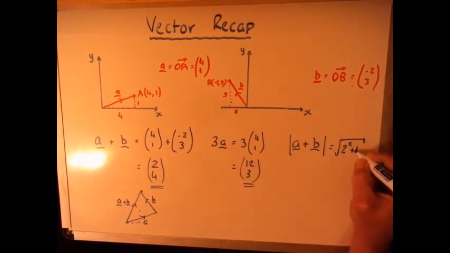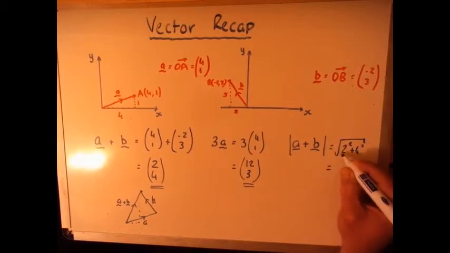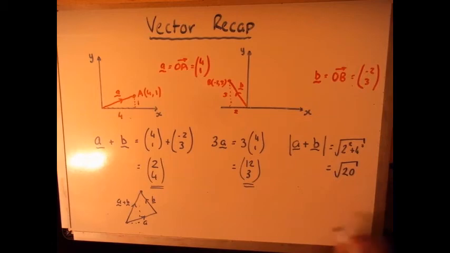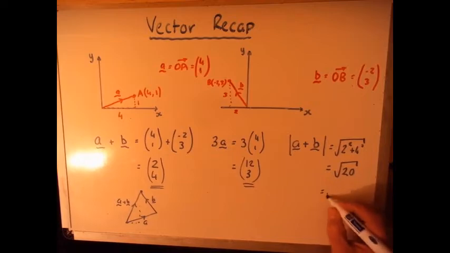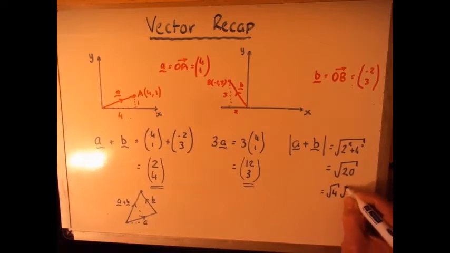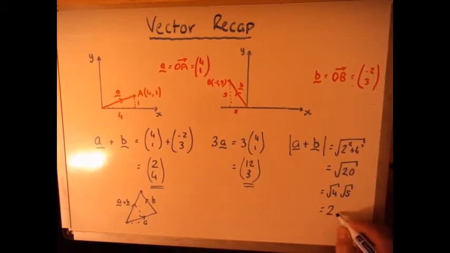We do 2 squared plus 4 squared, 4 plus 16, so I'd get the square root of 20. And maybe we would have to simplify this down. So our surd work tells us we can write this as root 4 times root 5. And then the square root of 4 is 2. So the magnitude of that would be 2 root 5.